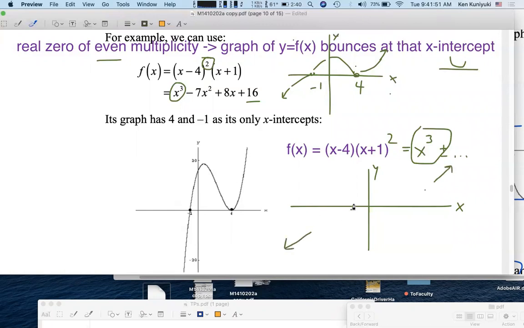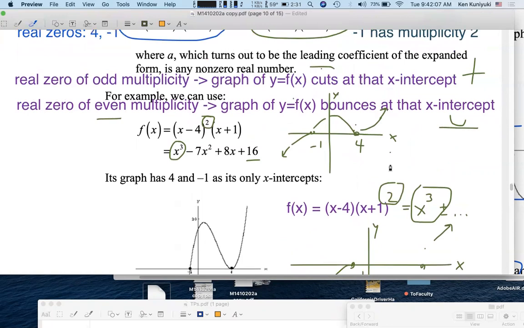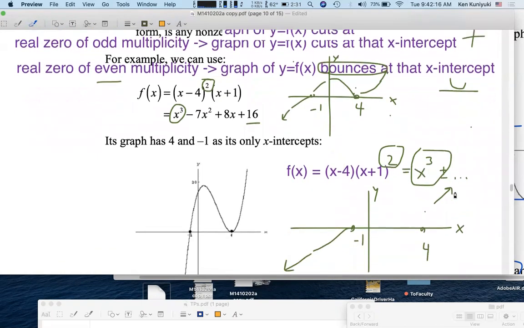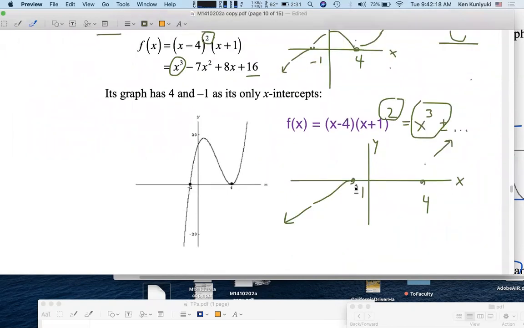Again, we have x-intercepts at -1 and at 4. Now this time, as we go up to the x-intercept at -1, 0, since the exponent is even, the multiplicity is even, that means we do what? Do we cut or bounce? Since the multiplicity is even, we're going to bounce. If you plug in x equals 0, we end up with -4.